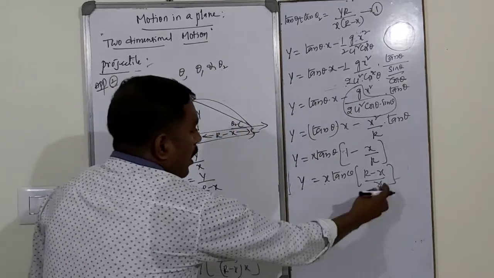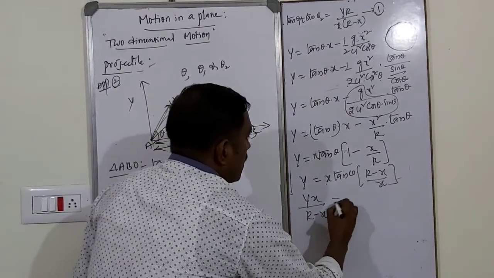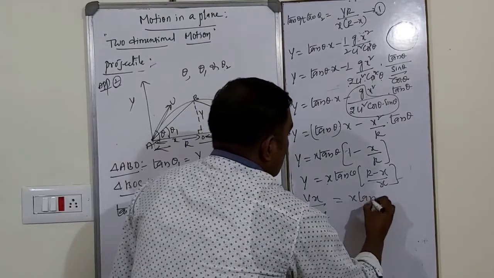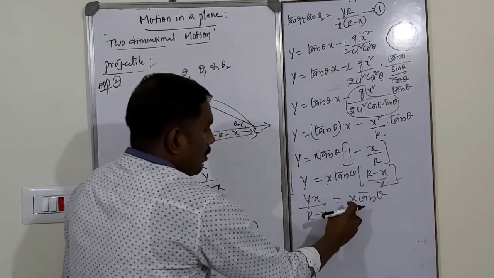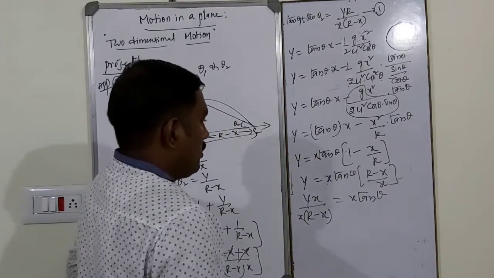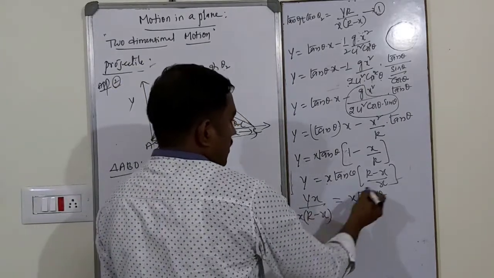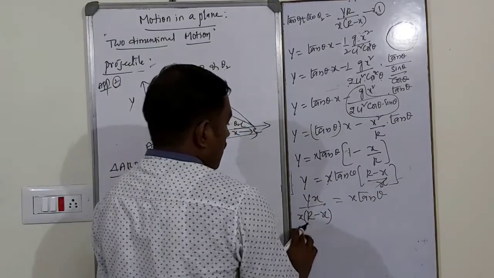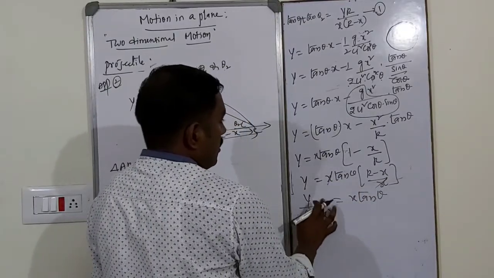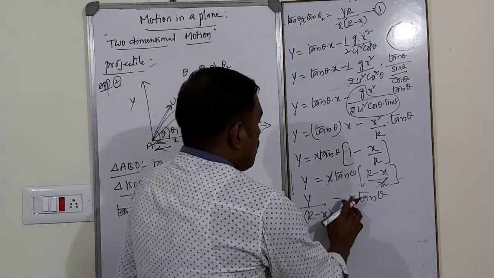On cross multiplication, y r by r minus x is equal to what? x tan theta. So if we cross multiply this also, what happened? Here the x's get cancelled out. So y by r minus x is equal to what?